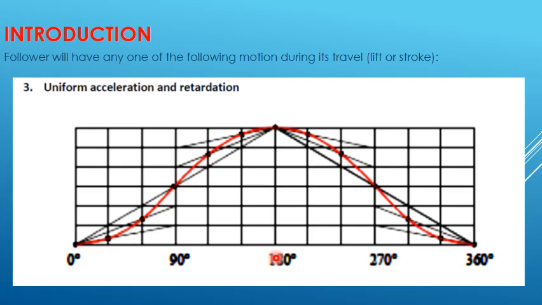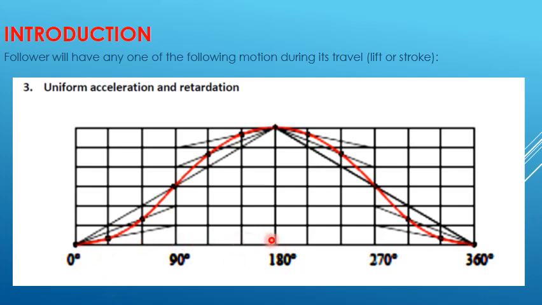So you'll divide that into 6. Now the midpoint from 0 to 180 is 90, right?